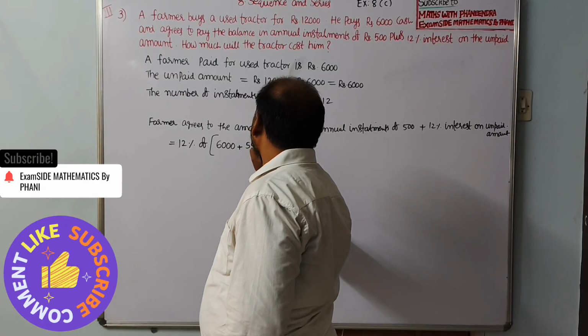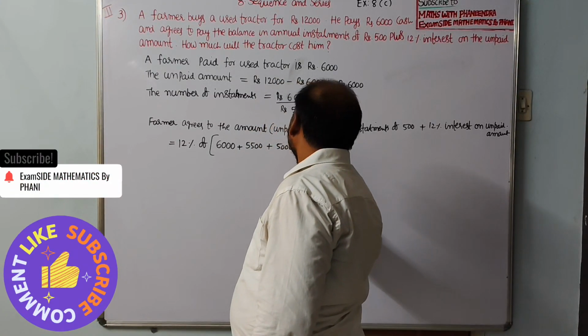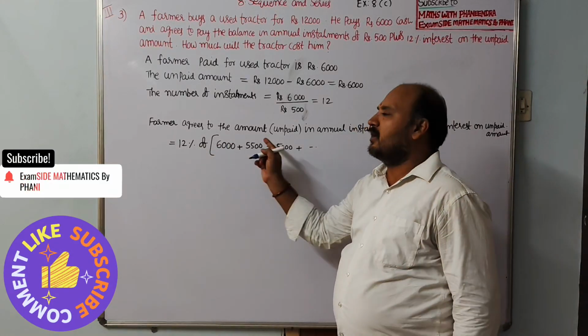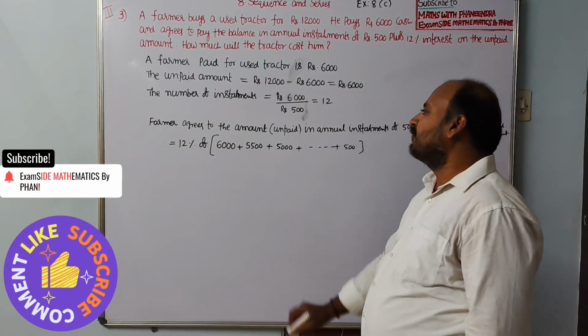So what is the remaining? 5,500 plus 5,000 plus interest is remaining, and so on. At last 500 will come.